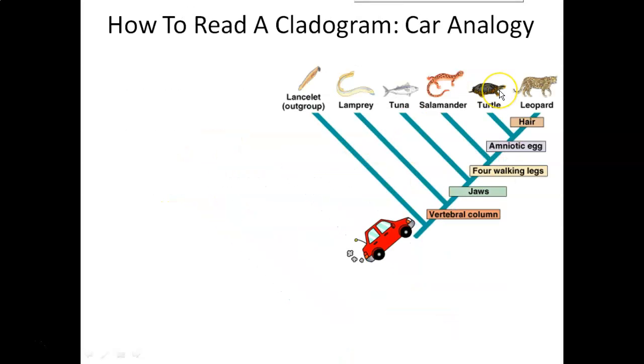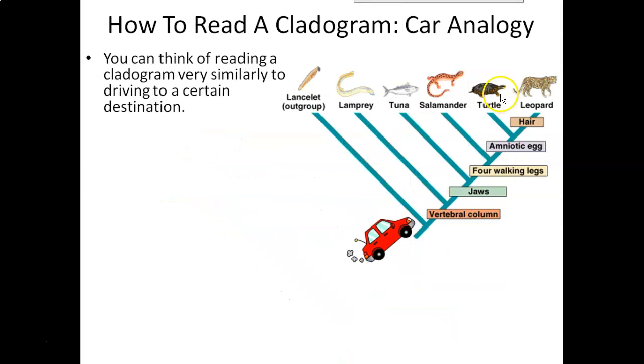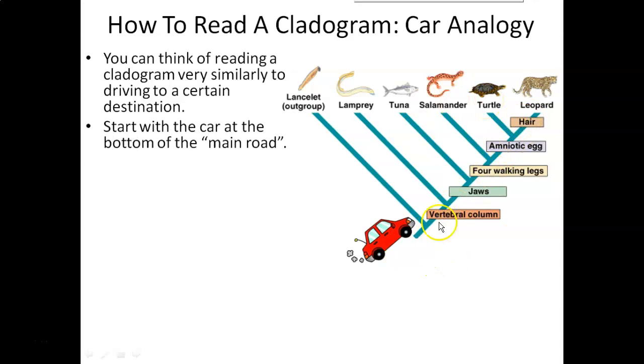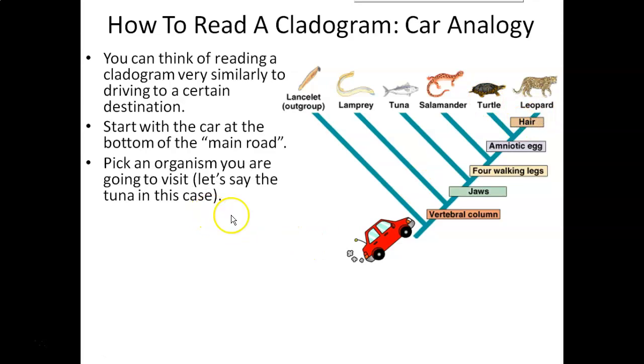Okay. All right, so another way to think of this is you can think of reading a cladogram like you were driving to a certain destination. So I always say, if this is your main road, you're going to be driving your car on the main road, and then all these other little outlets are almost like people's houses. So let's say we're going to pick an organism to visit. Let's visit the tuna.